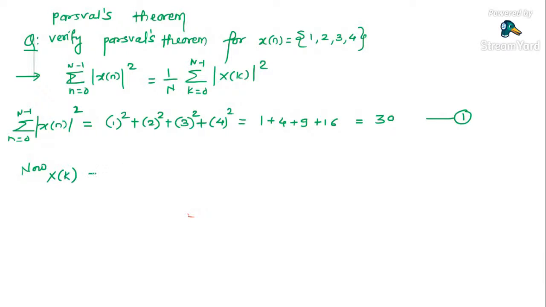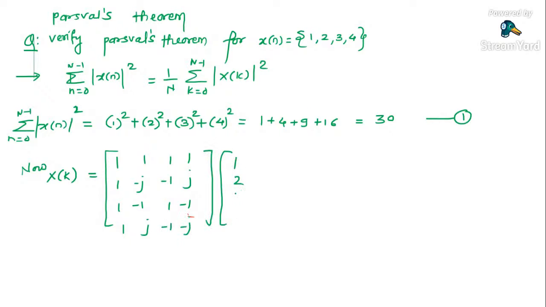X of k by using the DFT matrix: 1 1 1 1, 1 minus j minus 1 j, 1 minus 1 1 minus 1, 1 j minus 1 minus j, multiplied by the values 1 2 3 4.